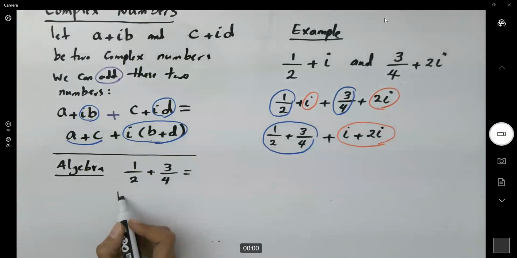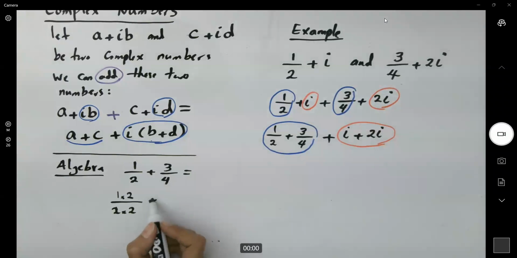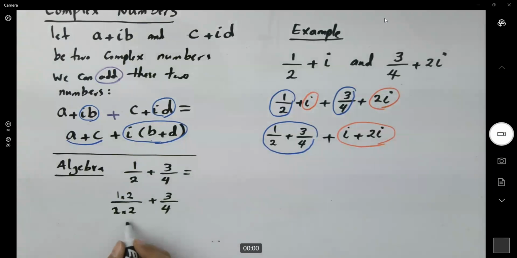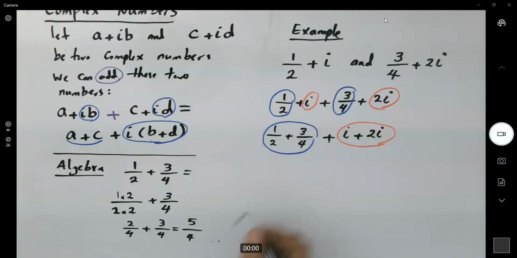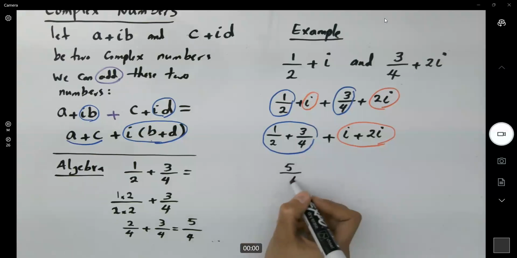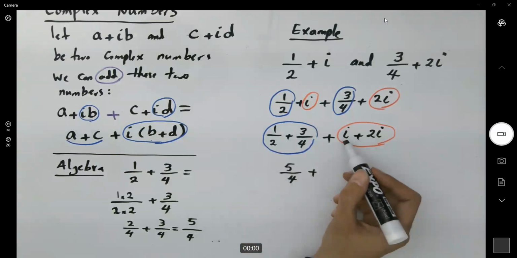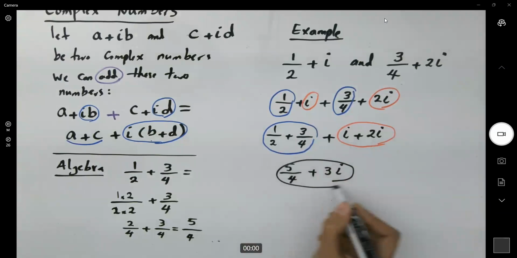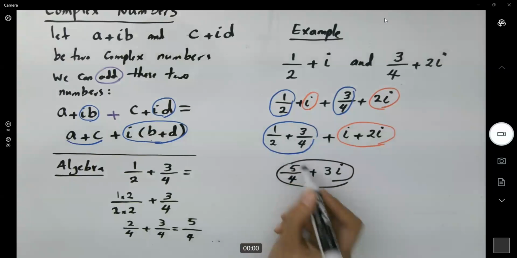I'm going to multiply the numerator and the denominator by 2, and I transform the first fraction into 2/4, and the second fraction stays the same. Now that they have the same denominator, you write one denominator and add the numerators, which is 5/4. So this side becomes 5/4 plus 1 apple plus 2 apples is 3 apples. So this is your final answer.